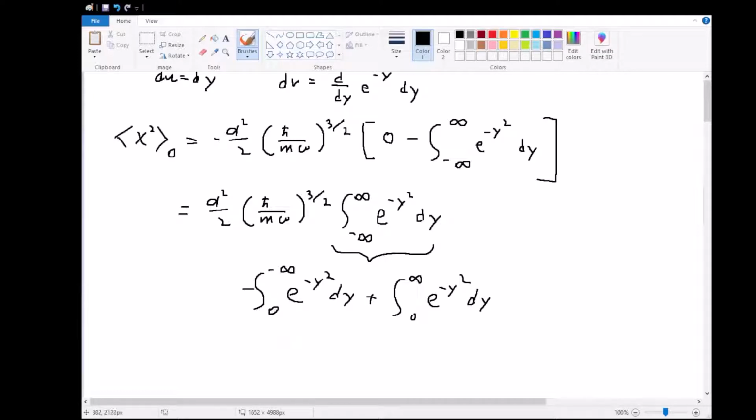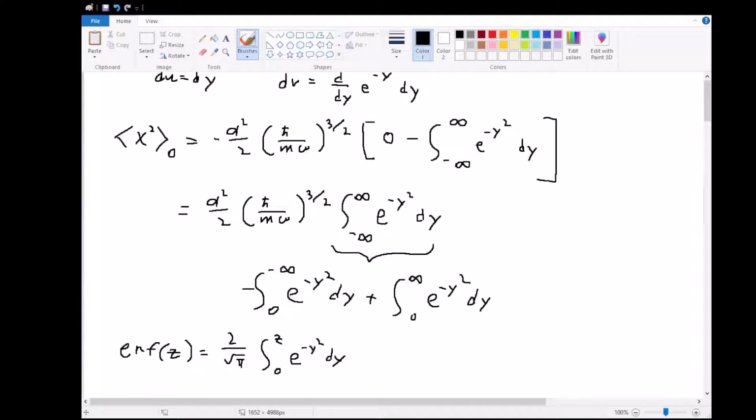And this becomes, because we know that erf of z is equal to 2 over the square root of pi times the integral from 0 to z of e to the negative y squared dy.